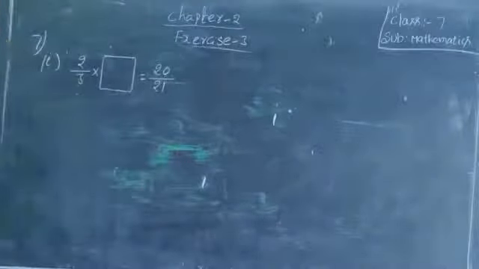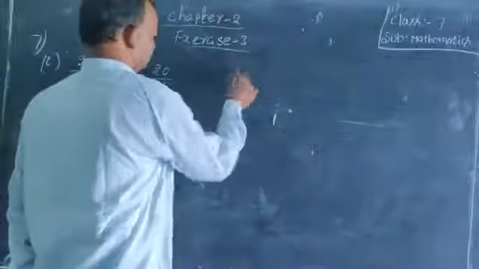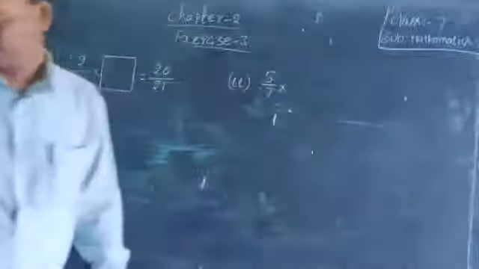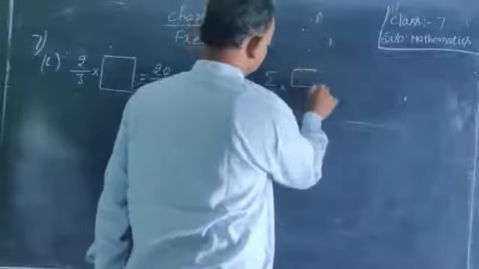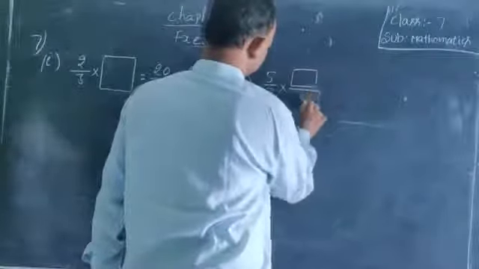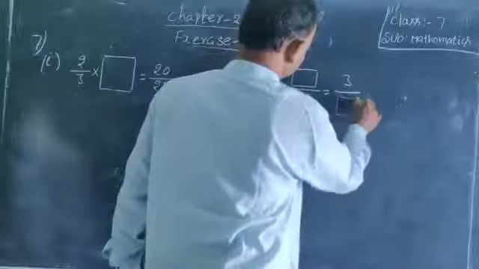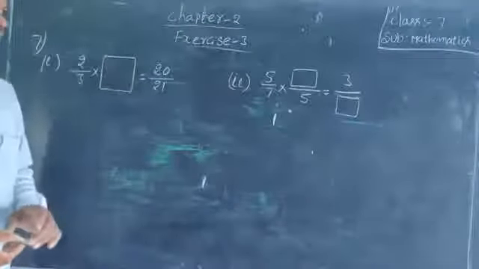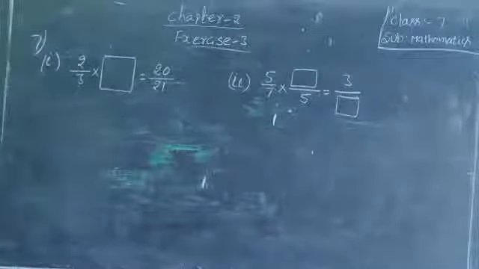And the second one is 5 by 7 into box by 5 is equal to 3 by box. Solution.